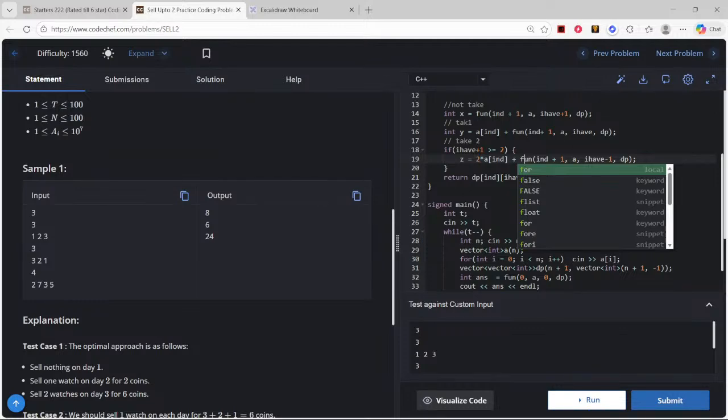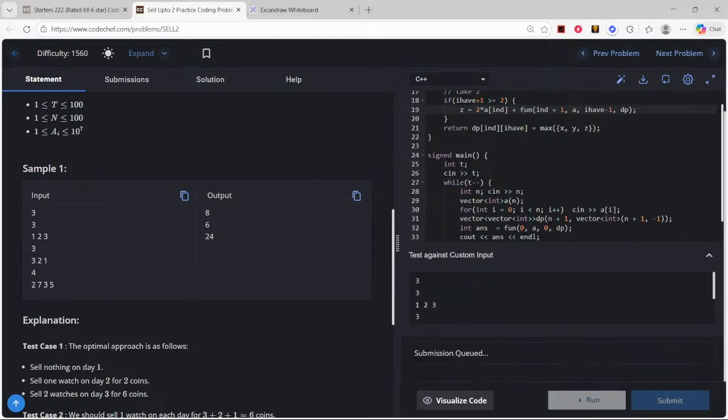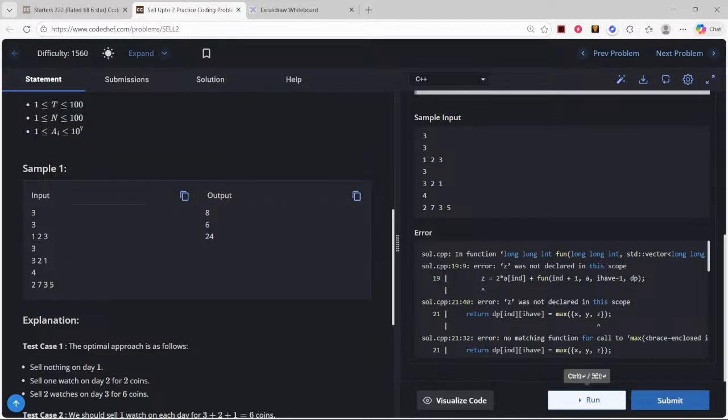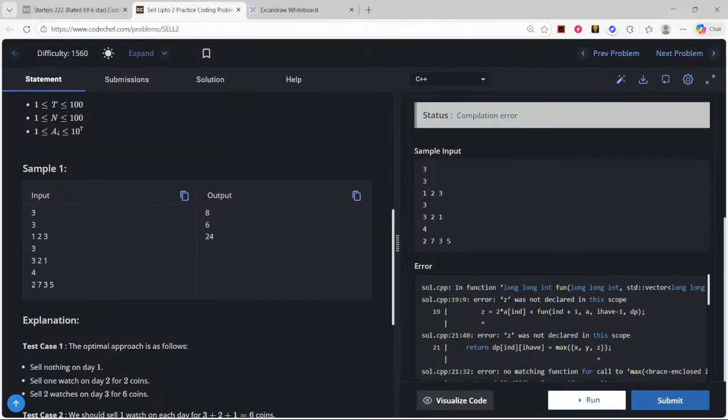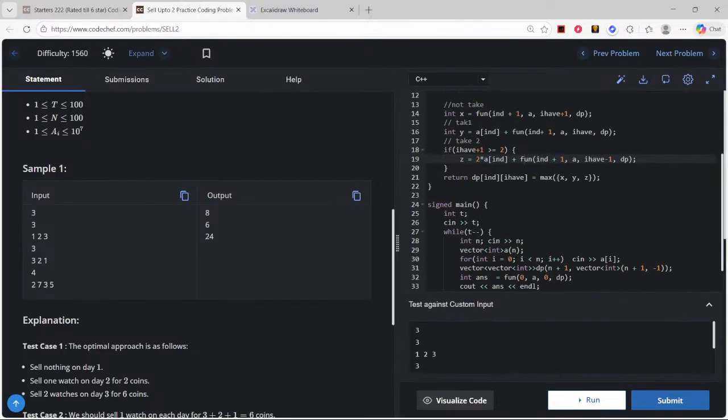Then let's see now. Z is equal, oh my goodness, Z is smaller, huh?